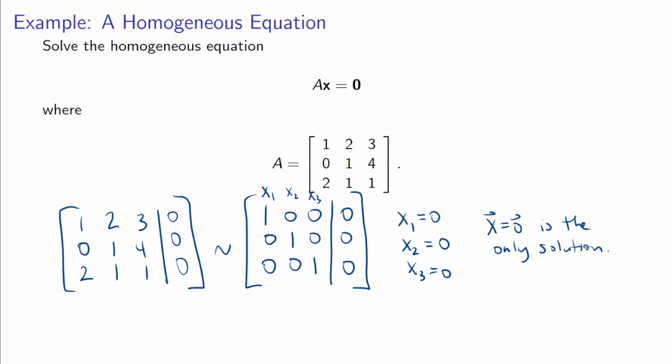And again, if we say that A is a matrix whose columns are the vectors v1, v2, v3, then one thing we can see here is that this set of vectors v1, v2, v3 is linearly independent.